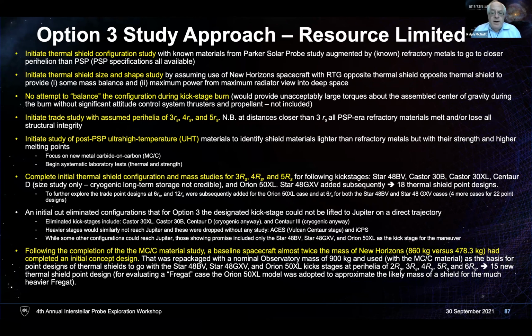At the same time, some of our partners were looking at ultra-high temperature materials to bring the shield masses down. And so we worked the kinks out of the model originally with a more primitive thermal shield, which was a lot heavier, and then circled back once the new information had come in, which does indeed bring the thermal shields down, but again does not solve all the problems, as I alluded to in the previous talk. Next, please.